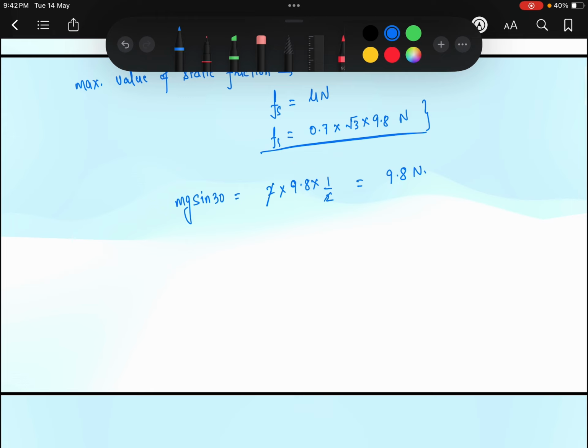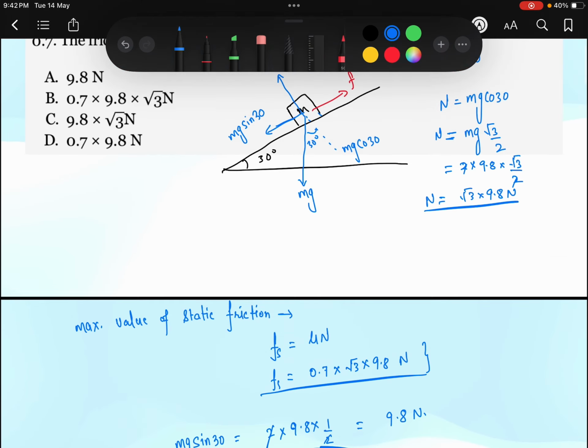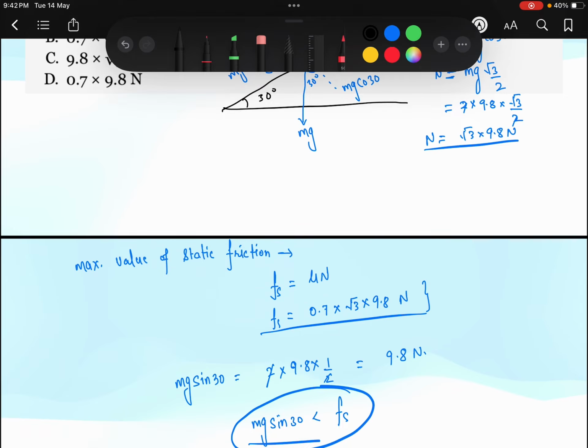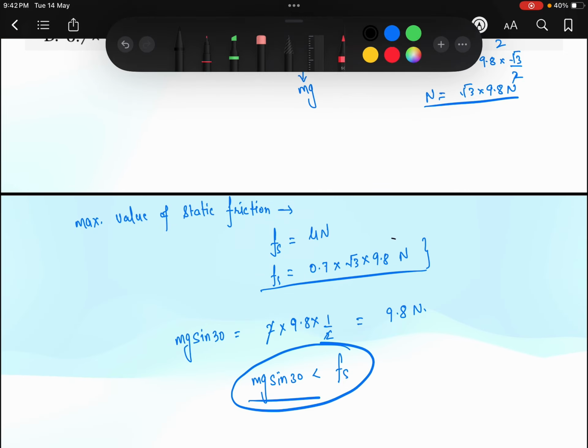So as we can see, mg sin 30 is less than this static friction. Okay, so to keep this block stationary, friction force will be acting in backward direction, and the value of friction force will be less than or equal to this static friction.